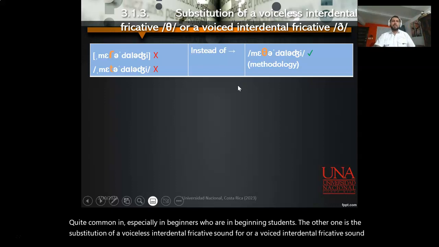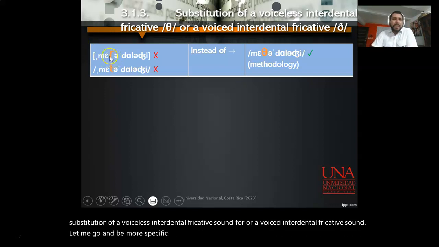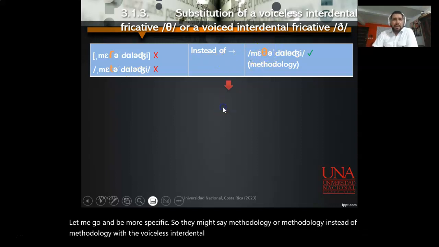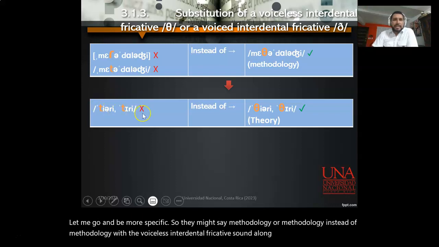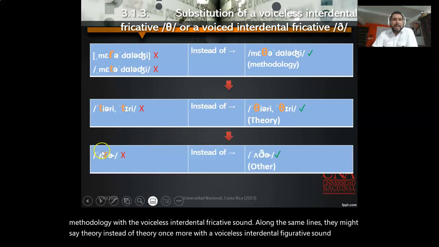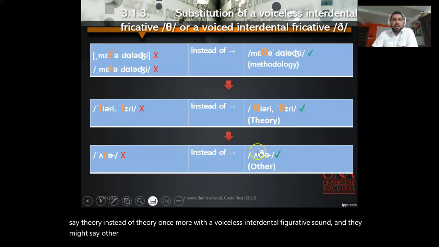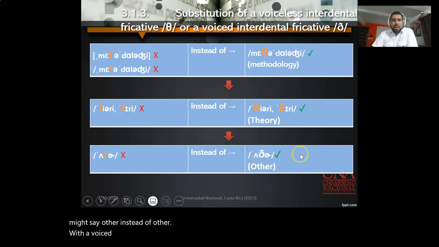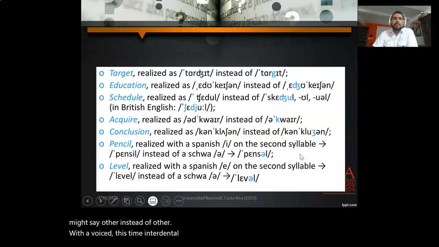Let me be more specific. So they might say methodology or methodology instead of methodology with a voiceless interdental fricative sound. Along the same lines, they might say theory instead of theory, once more with a voiceless interdental fricative sound, and they might say other instead of other with a voiced, this time, interdental fricative sound.